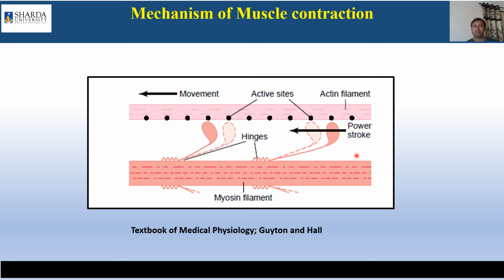As a result, a power stroke occurs, and after the tilting, ADP and inorganic phosphate combine to form ATP, which binds with another cross bridge. This process repeats again and again, and in this way muscle contraction occurs. This is the mechanism of muscle contraction. We will summarize in the next step.